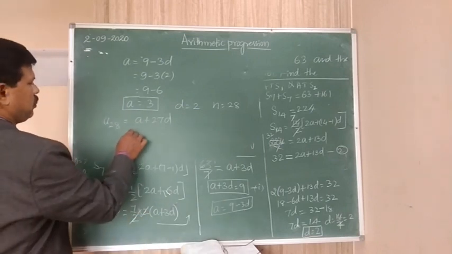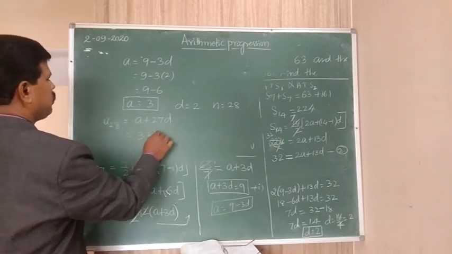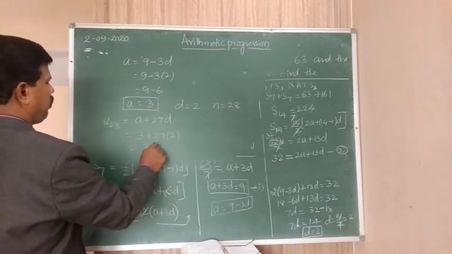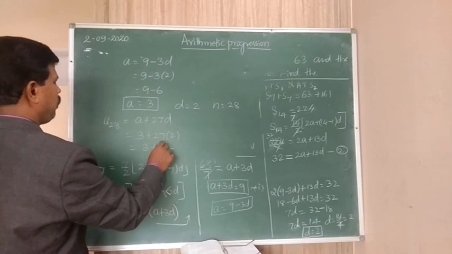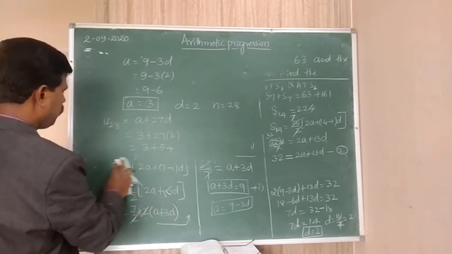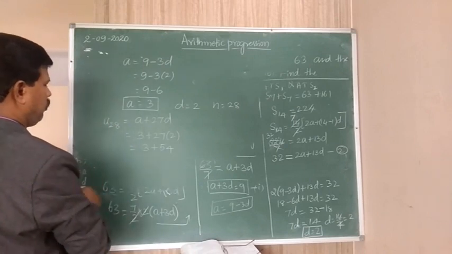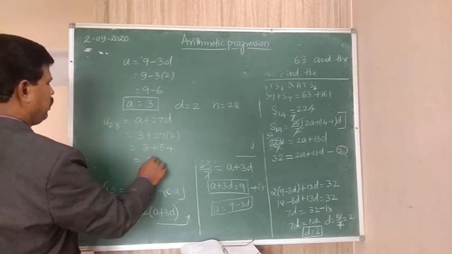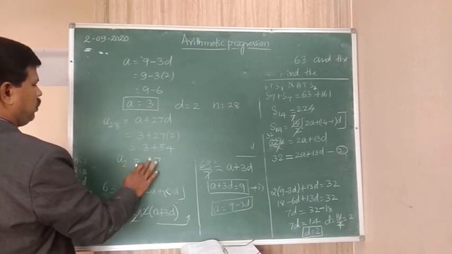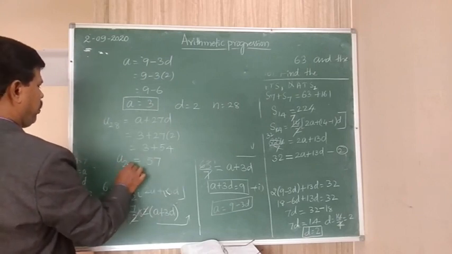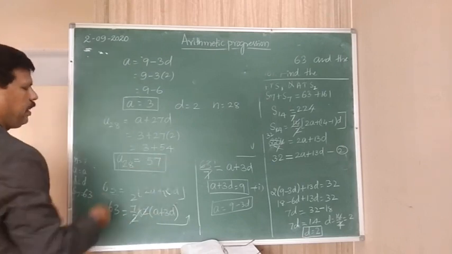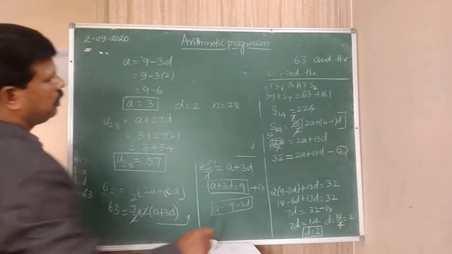So 3 plus 27 into 2. 27 times 2 is 54. Then 54 plus 3 is 57. So the 28th term is 57. Clear?